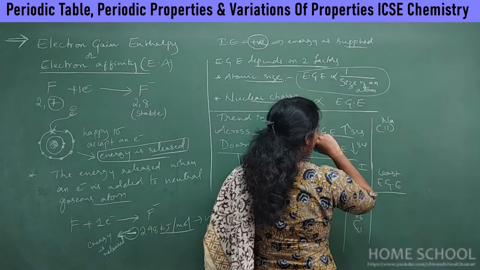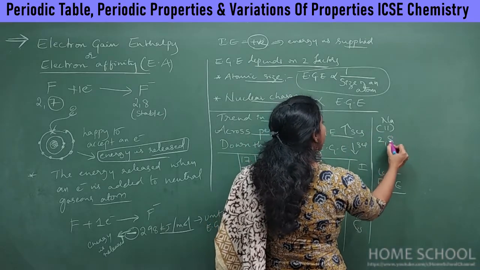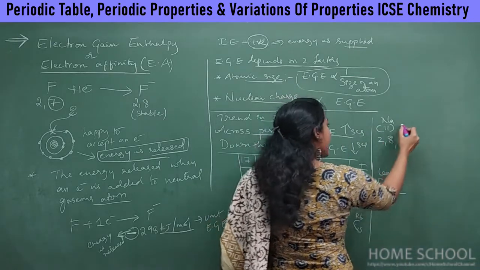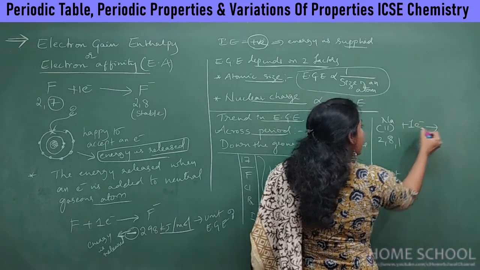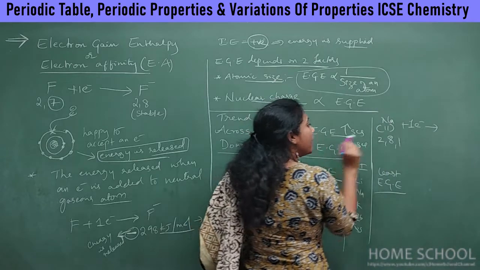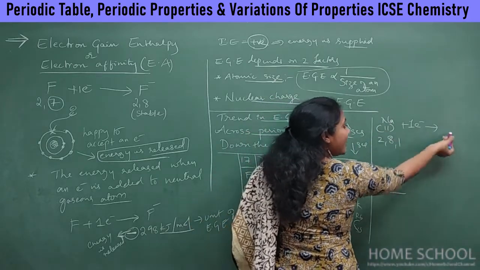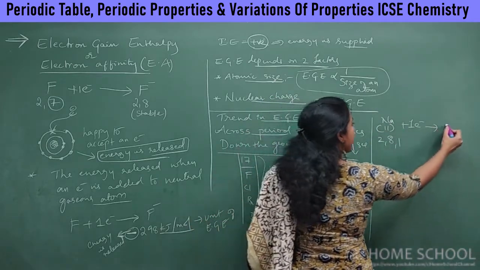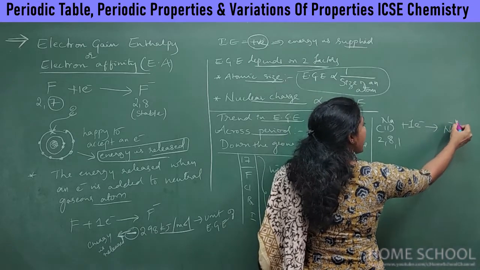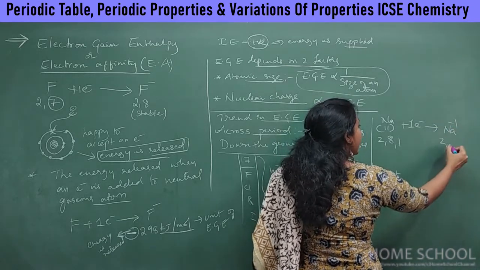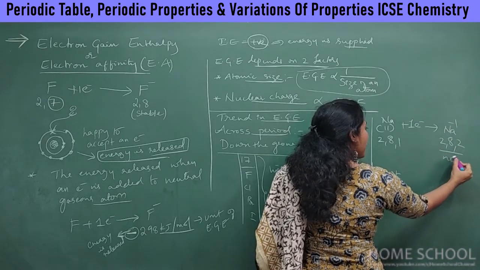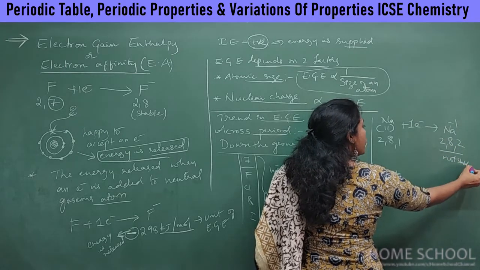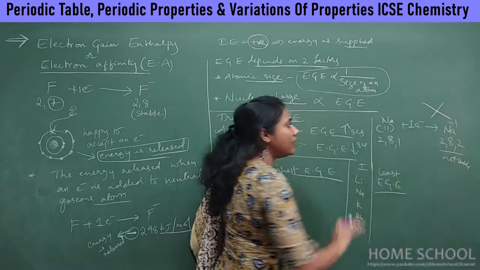So what is its electronic configuration? 2, 8, 1. Can you expect that it will accept one electron? On accepting an electron, it will not attain stability, right? Imagine if it becomes Na-1, its electronic configuration is 2, 8, 2. It's not stable. So this process will never occur.